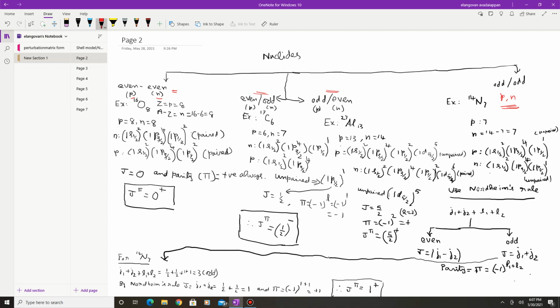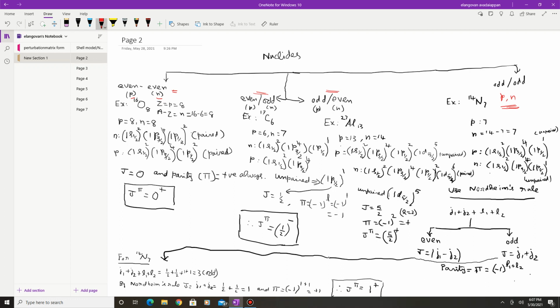Now let us take one example of how to apply our diagram, so that you can easily calculate the angular momentum and parity of a particular nucleus. Here, oxygen O 8 16, where 8 is your Z number, the proton number, and 16 is your mass number.